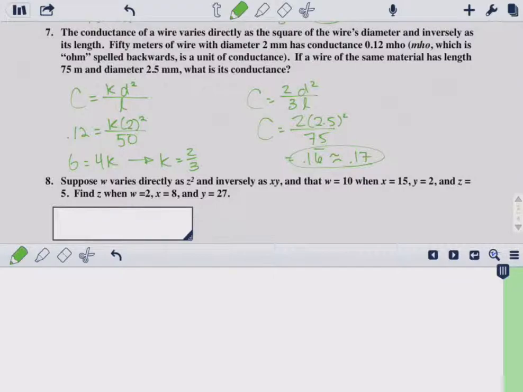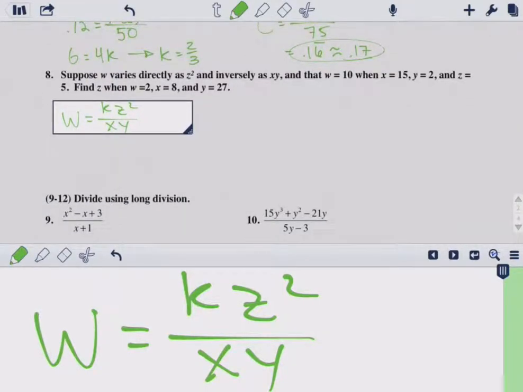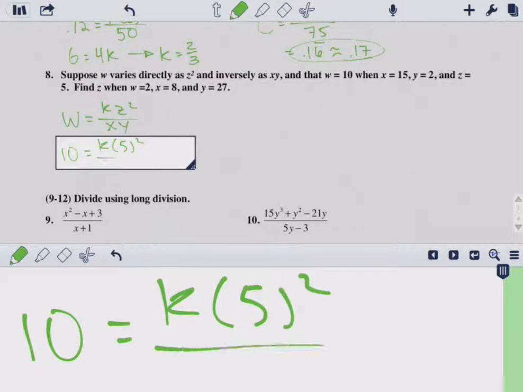Moving on to 8. Suppose W varies directly as z squared and inversely as xy. They give us a whole bunch of information. W is 10. Don't know K, we're going to find K. Z is 5, X is 15, and Y is 2.